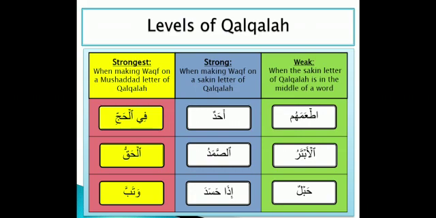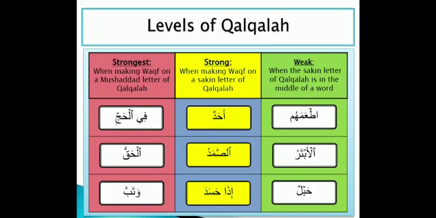When making waqf on this letter, the level of Qalqala will be strongest. And in the third example, the word is watab. When making waqf on the letter ba, ba is mushaddad, it has a tashdeed, the level of Qalqala will be strongest.